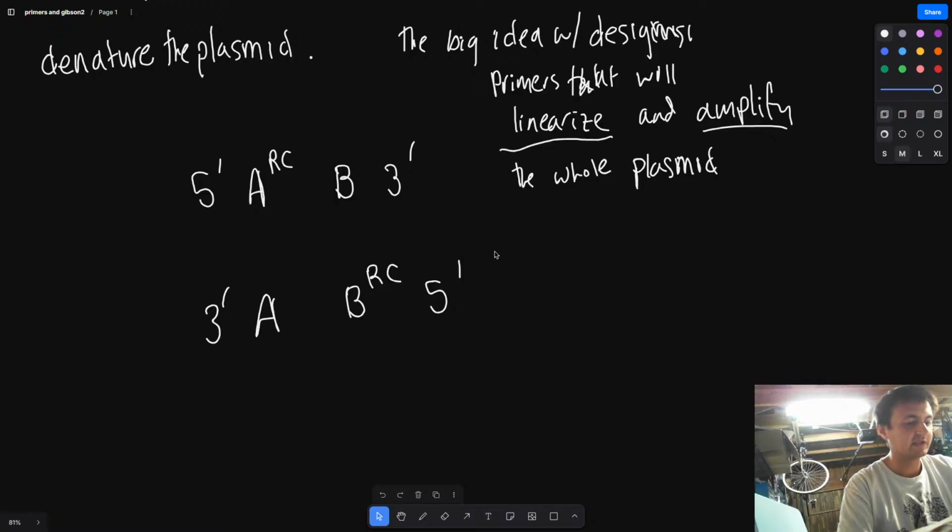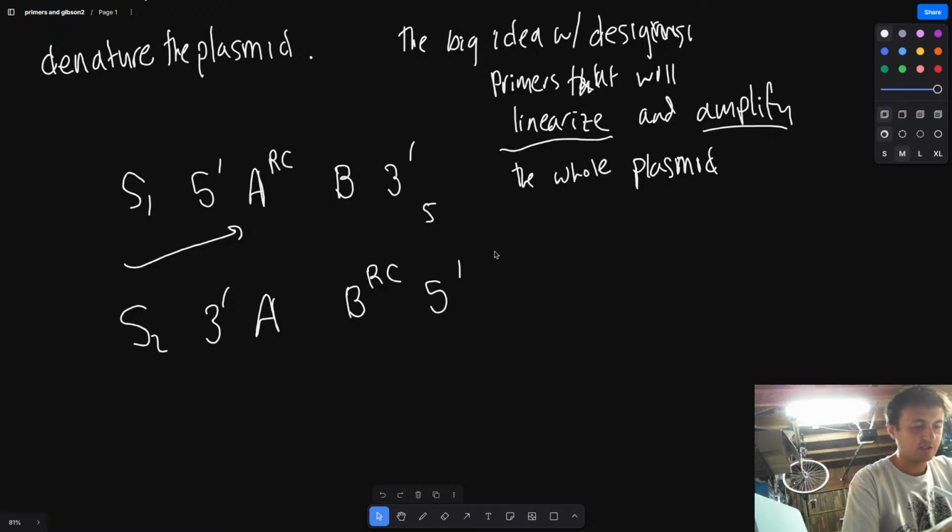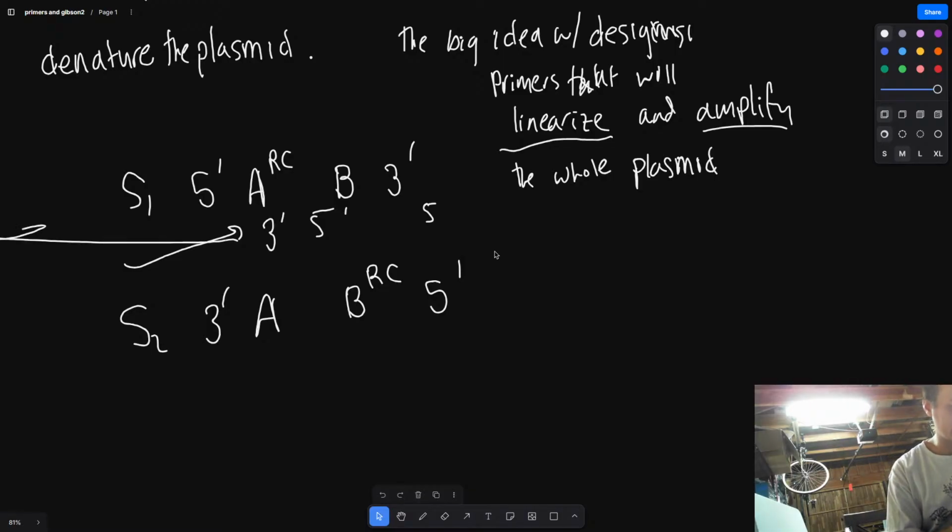is going to be basically, let's call this strand 1 and strand 2. If we attach something to strand 1 here, well, then the right side is going to be the 5 prime and the left side is going to be the 3 prime. So elongation is going to happen this way.